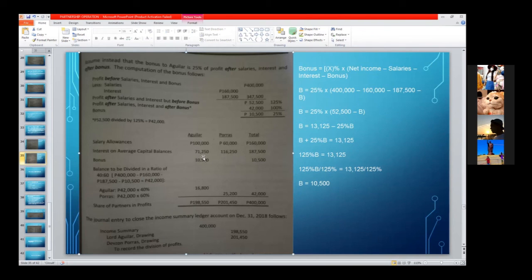Total nyo, then ibawas nyo dun sa 400,000 para makuha nyo yung profit after salaries, interest, and bonus na 42,000. And then i-divide nyo sa ratio nila. O di yun na. Nakuha nyo na itong amount na ganyan.